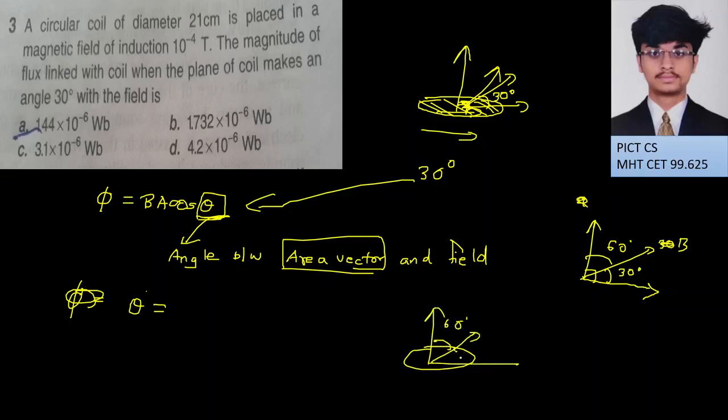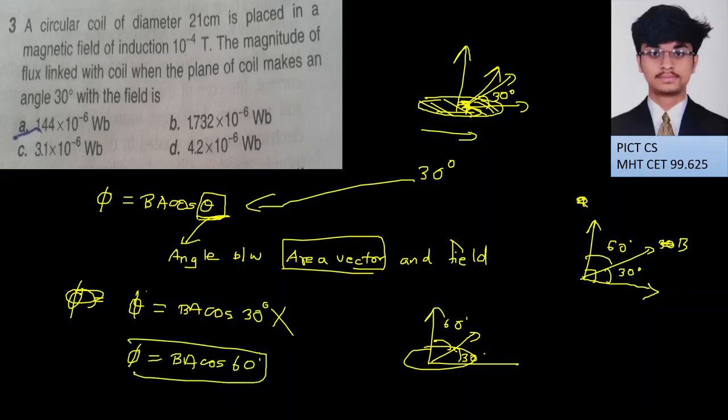And the angle given in the question was 30 degrees. So what students generally do, the mistake they make, is phi equal to BA cos 30 degrees, which is completely wrong. We have to use phi equal to BA cos 60 degrees. You got the basic concept.